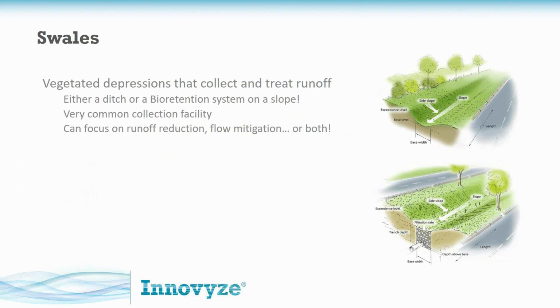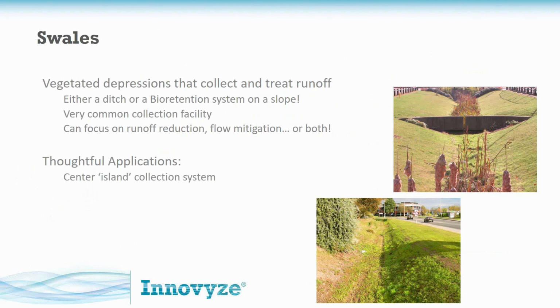So as I mentioned, with some retrofit, just some modification to an existing system, an under drain, some pea gravel and a filter fabric, you can have this be a dual use facility. Some thoughtful applications beyond just next to the roadway. Well, what about a center island in a road? Maybe there's turn lanes. Well, maybe you don't need to have a turn lane every single foot of that middle lane.